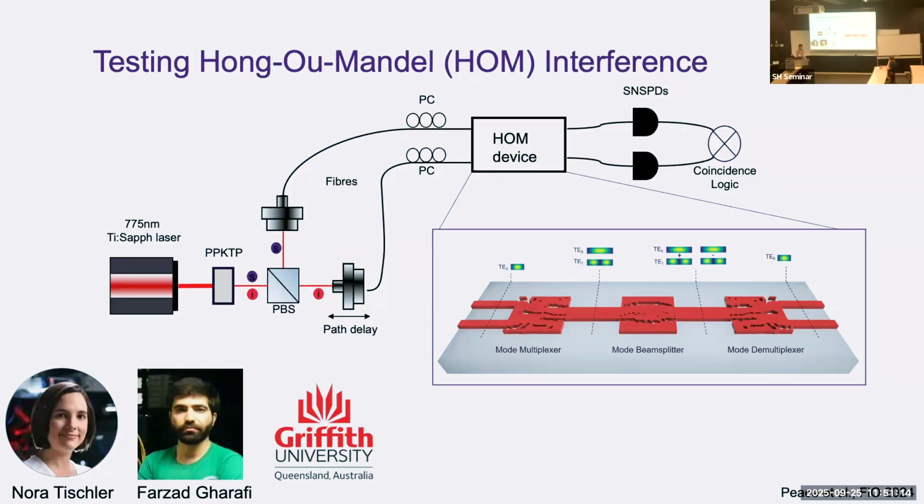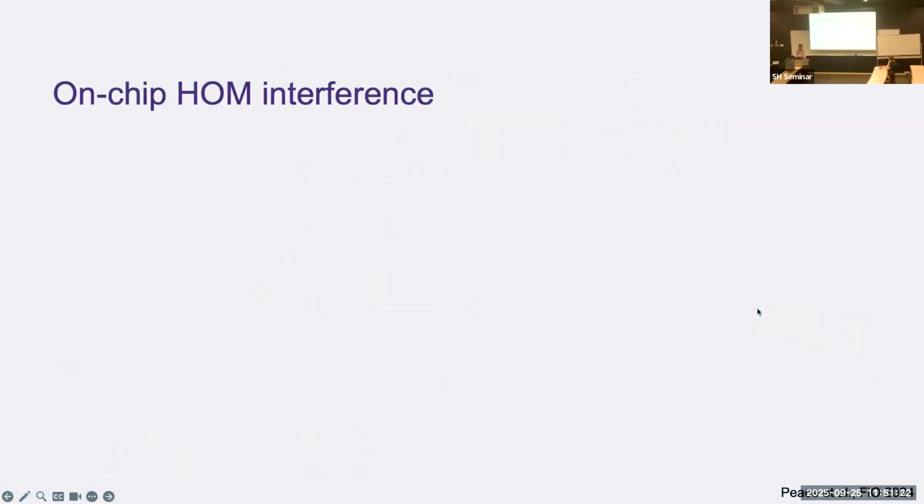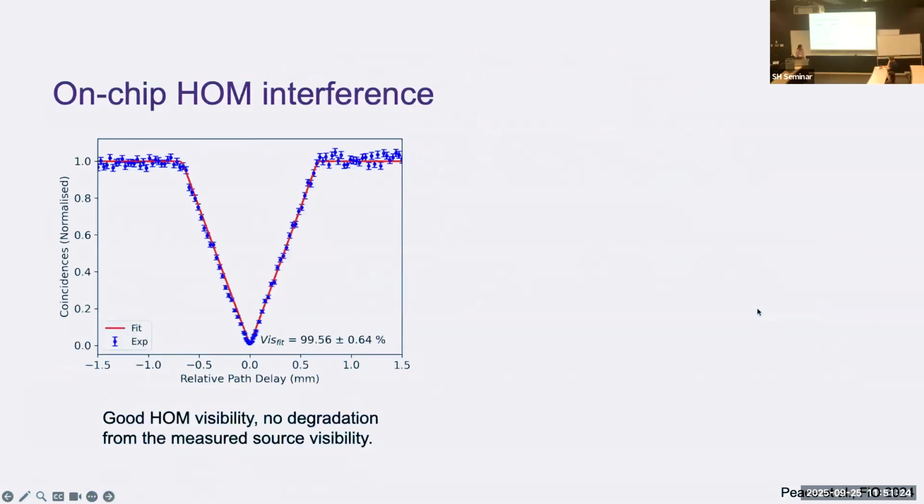Okay, so we use their photons. So these are very indistinguishable photons. We put them through our Hong-Ou-Mandel interference on chip. And ta-da! That's the Hong-Ou-Mandel dip using the mode multiplexer and mode beam splitter that we have.